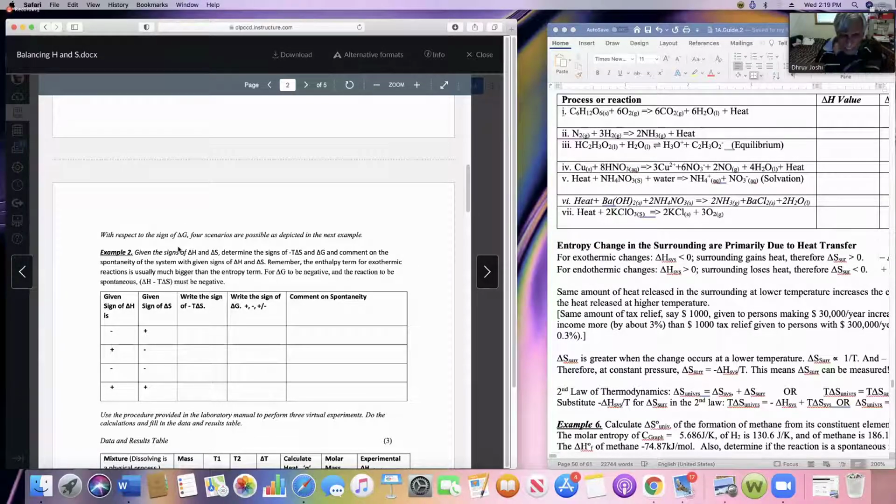And delta G has a name. It's called Gibbs free energy. What does it mean? Gibbs is the name of a scientist. American scientist in the 1850s came up with this idea. Free energy.